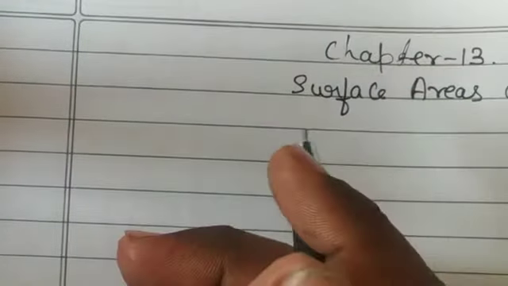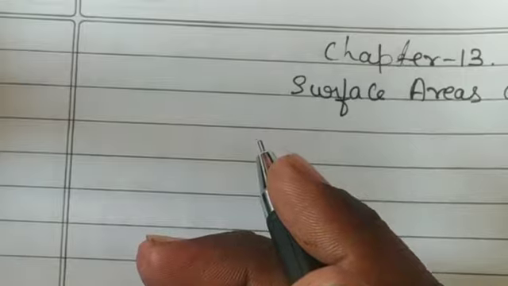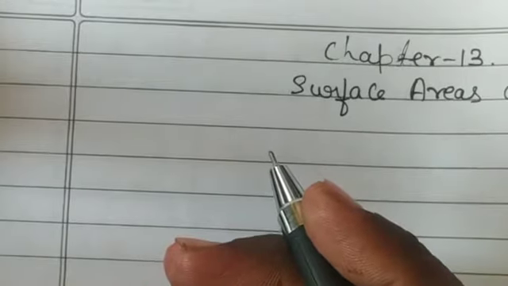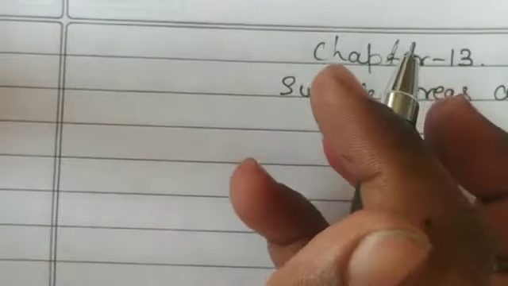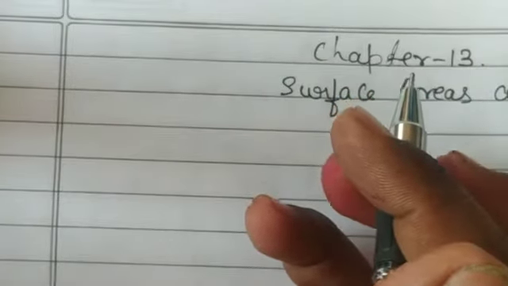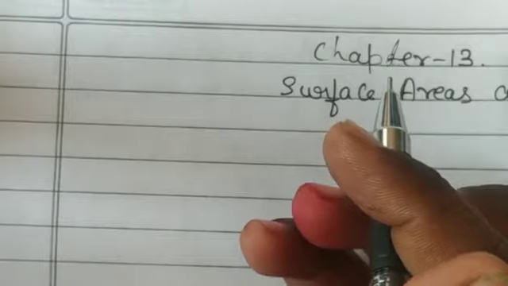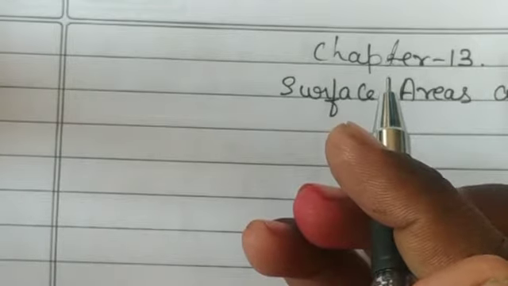So you know what is surface area. You have seen many solid shapes. The solid shape is there, and we will call that surface area. In surface area we are going to learn about three things.